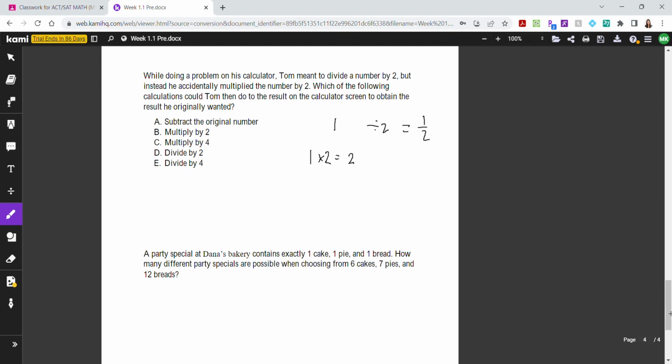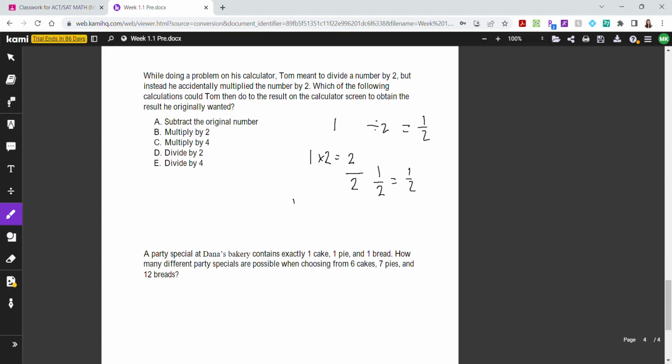And so what do you think we would need to do in order to get half? If we try this, we'll do the opposite. In order to get back to 1, we will need to divide by 2, right? Which would then give us 1. And then we need to divide by 2 again in order to get half.